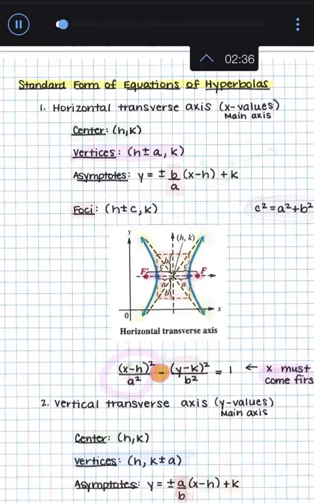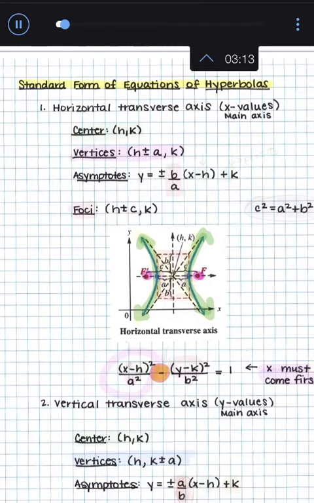Now, because of the minus sign, it does matter which comes first and which comes second. For this first set of examples, notice our hyperbola points out to the right and points out to the left. With our foci, notice we still have foci, or two focuses, go out along the x-axis.